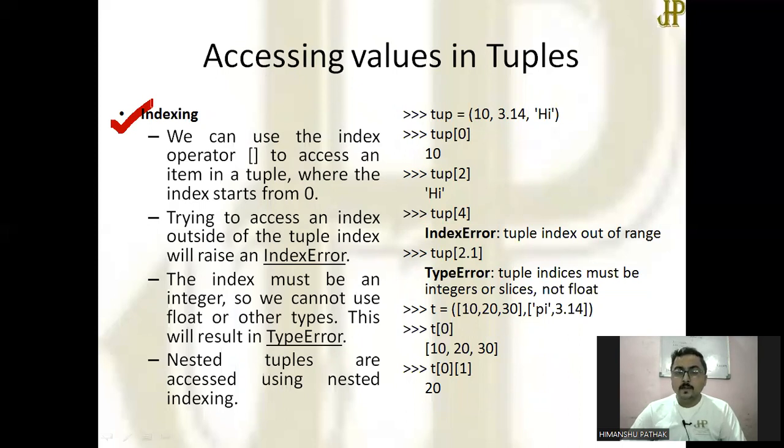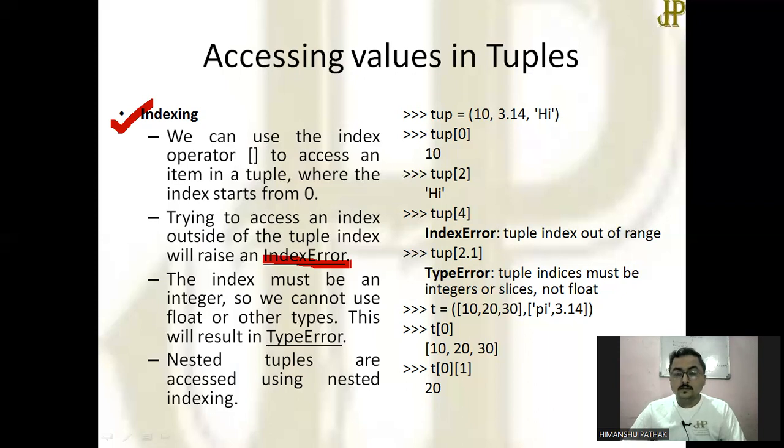The indices start from 0 to n minus 1, whatever the length is, minus 1. And again, it is a very smart interpreter. So if you want to access an index that is outside the tuple index, then it will raise an exception, and that exception is known as index error.